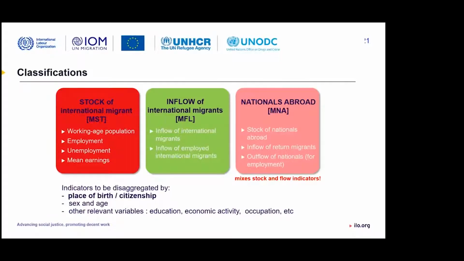And also for the nationals living abroad group, we collect the stock of nationals abroad, the inflow of returned migrants, and the outflow of nationals. And we disaggregate them by sex, education level, occupation, and economic activity. Next slide.